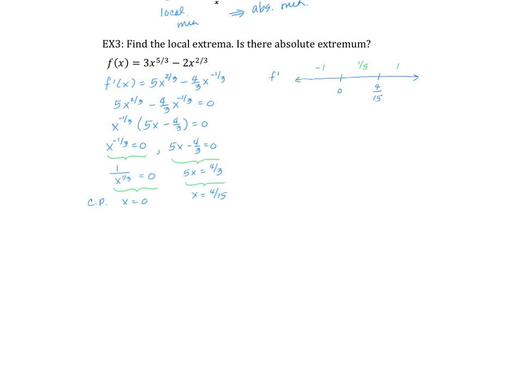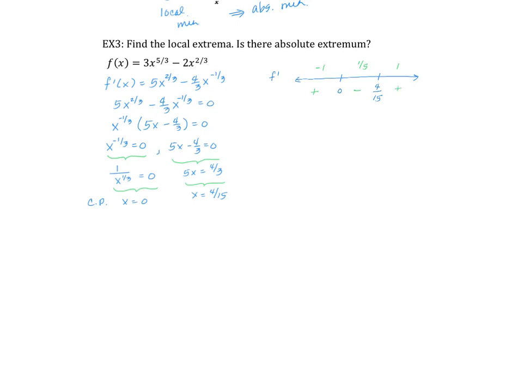When I put -1 into my derivative, it becomes positive. If I put in a positive 1/5, the derivative will be negative. And if I put in a positive 1, the derivative is positive.